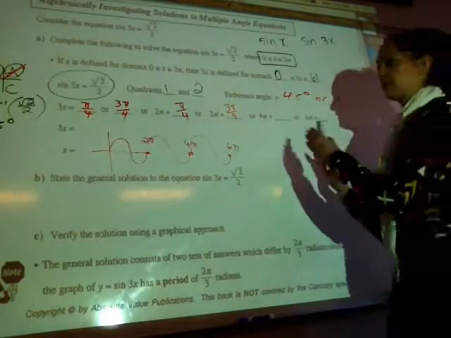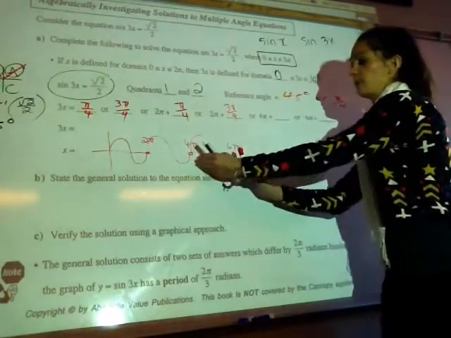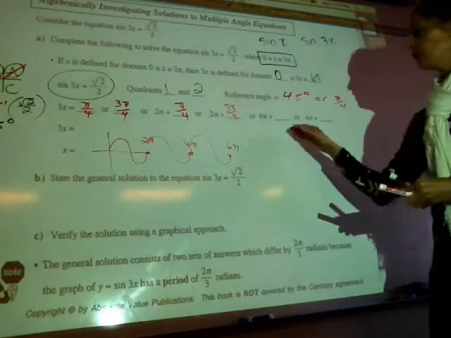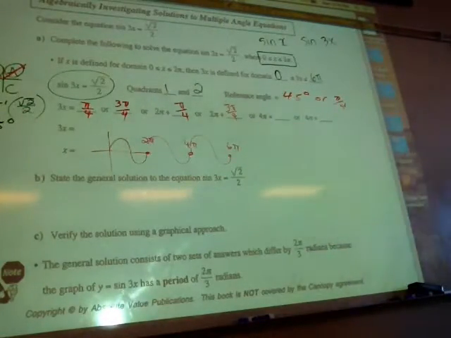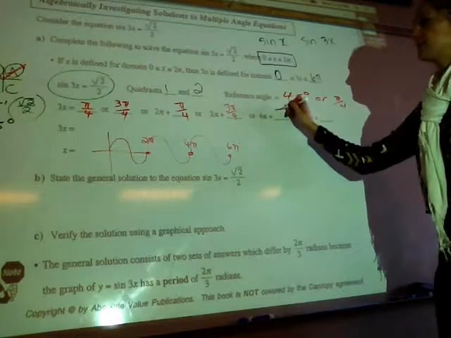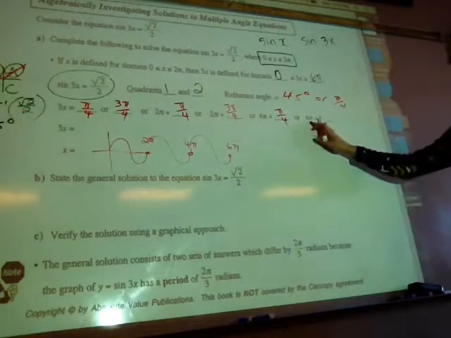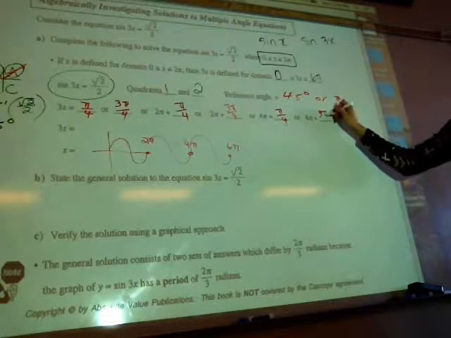Then if we go even further, in between 4 pi and 6 pi, we're going to add 2 rotations. So it's going to be 4 pi plus pi over 4, and 4 pi plus 3 pi over 4.